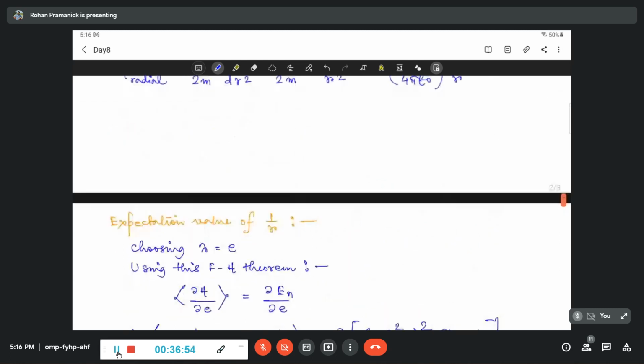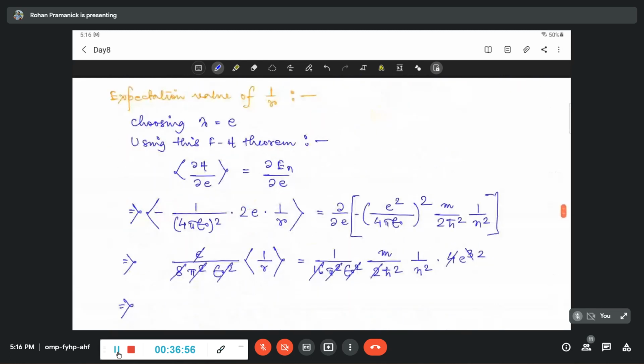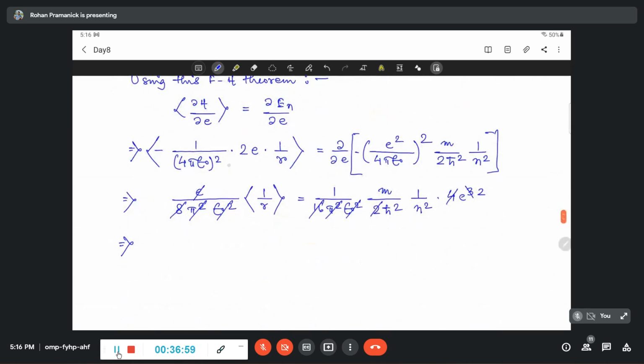Okay, sorry. So there was no square over here. That's where I made a mistake. So this is only 4 pi epsilon 0, and there is a 2, and this 2 cancels.